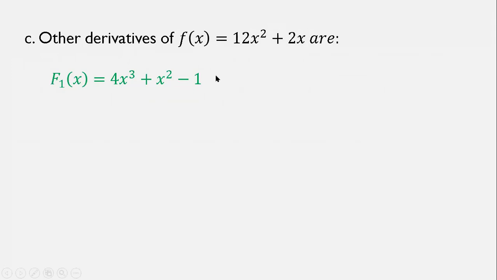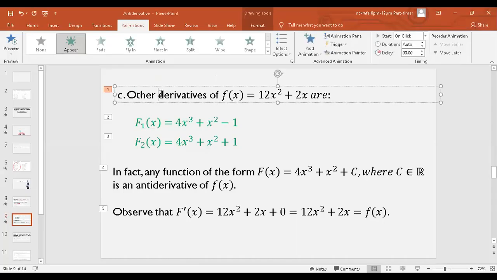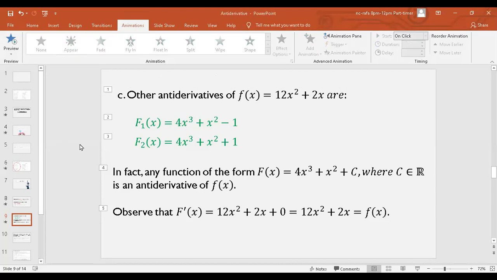Same goes with F sub 2 of x, which is equal to 4x cubed plus x squared plus 1, which is also an antiderivative of the function 12x squared plus 2x.